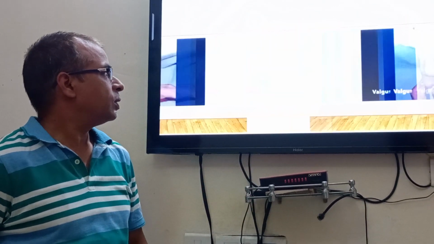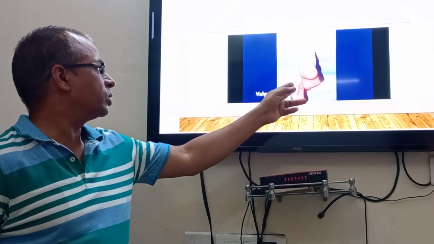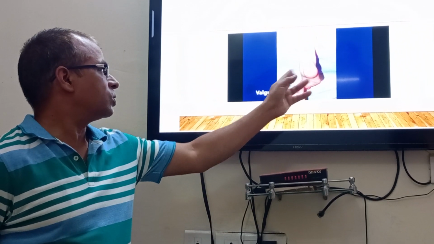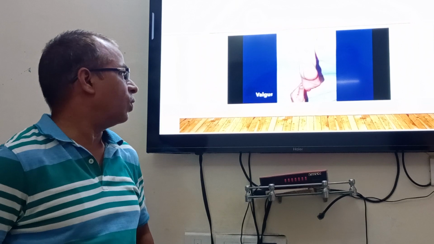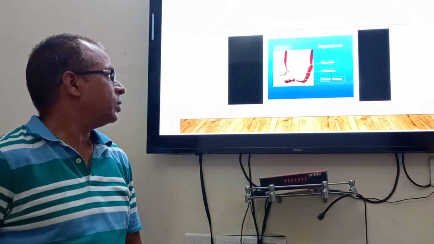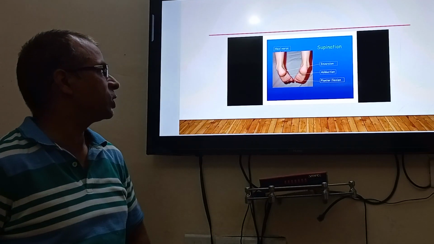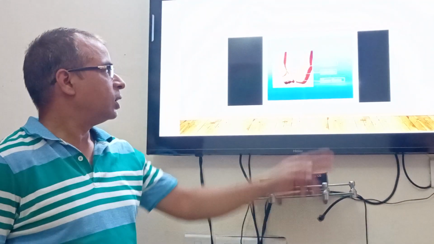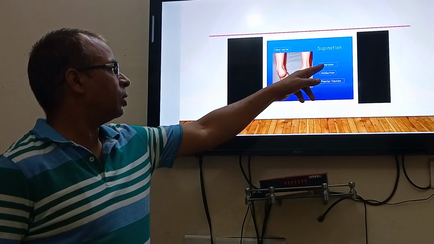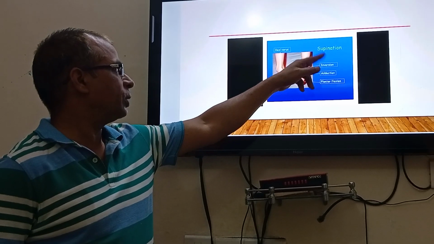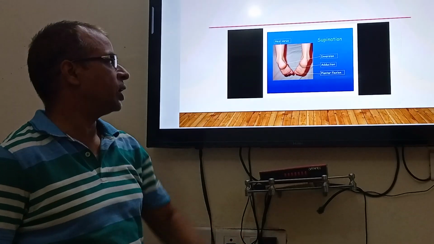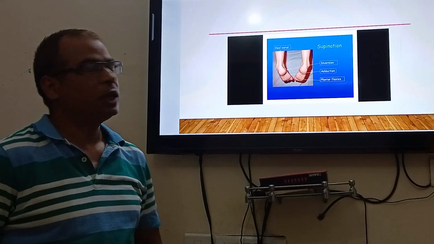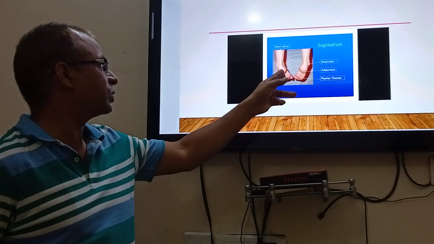Next please. And this is the valgus position due to the force by the lateral side. So supination consists of inversion, adduction, and plantar flexion. These three movements are present in supination: inversion, adduction, and plantar flexion, along with heel varus.